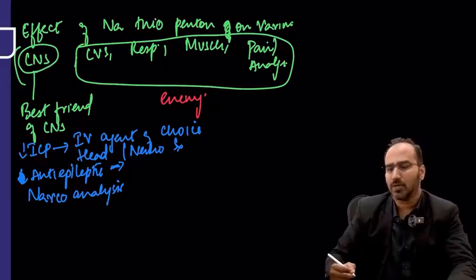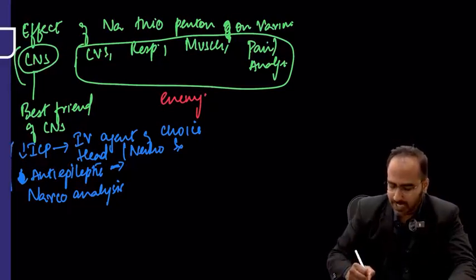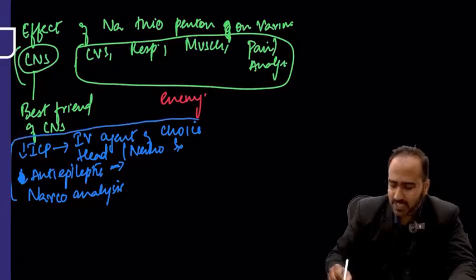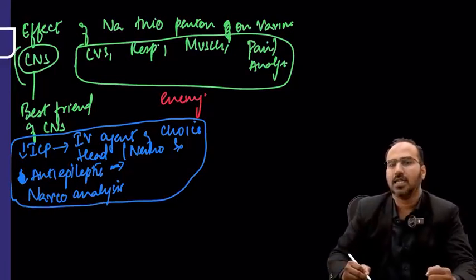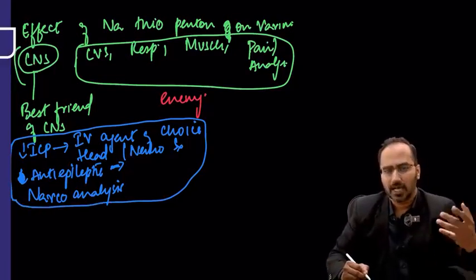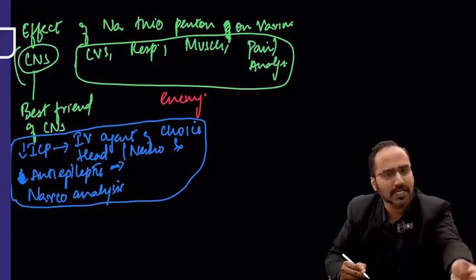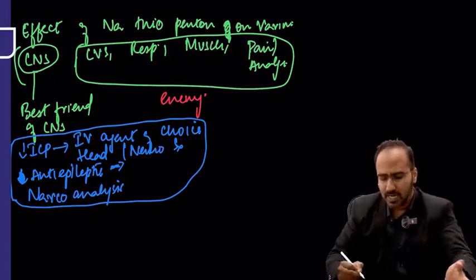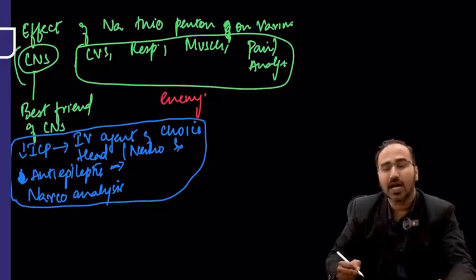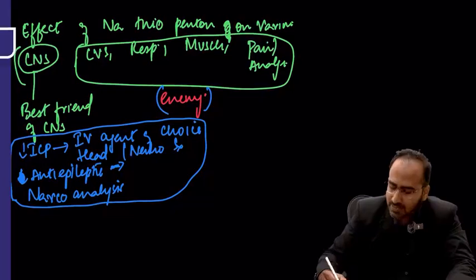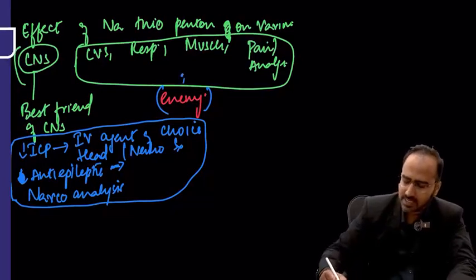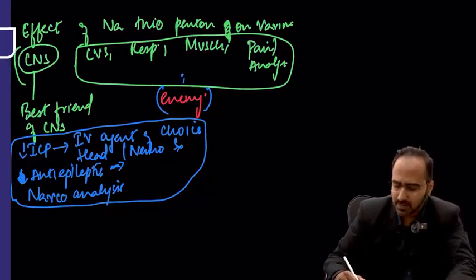Okay? So as it is the best friend of CNS, there are 3 best qualities on CNS: an IV induction agent for neurosurgery, anti-epileptic, as well as narcoanalysis.